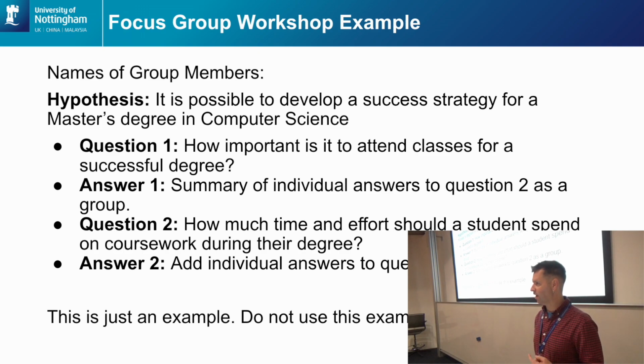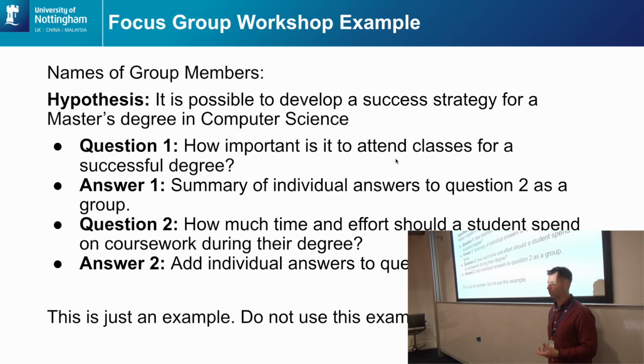If I have that as a hypothesis, I break that down into questions. How important is it to attend classes for a successful degree, right? That's a question that you would ask each of your group members in order to address this hypothesis. And then you'd have answers, the summary of individual answers to question 1.